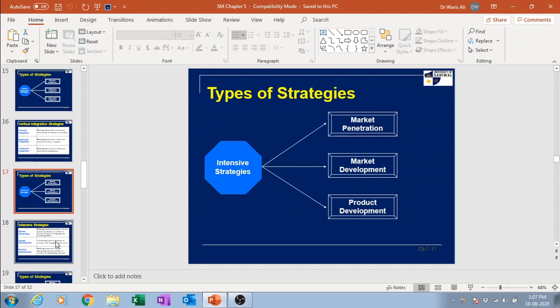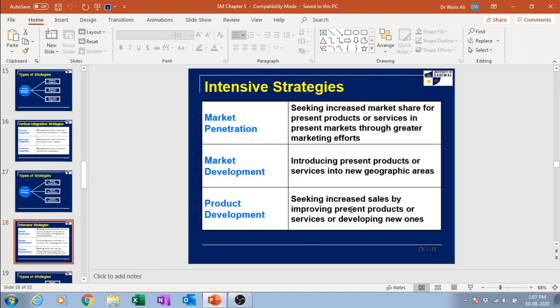We have intensive strategies. Intensive strategies include market penetration, market development, and product development. Market penetration means, for example, we are University of Saival, and we are offering certain programs: BBA, MBA, Executive MBA, MS Business Administration, and certain other programs.